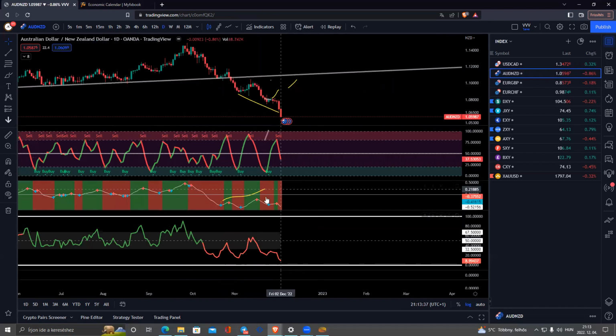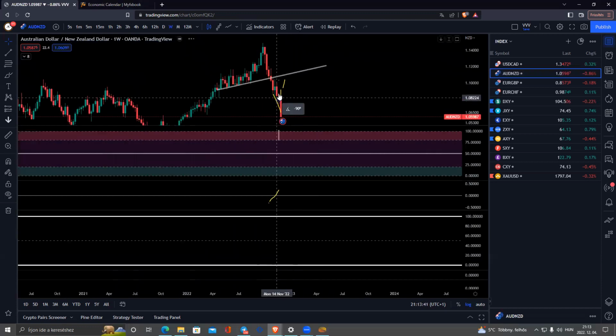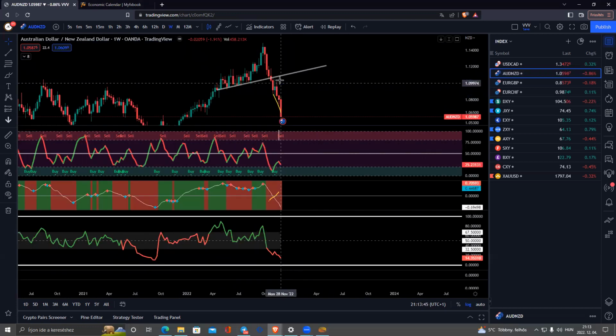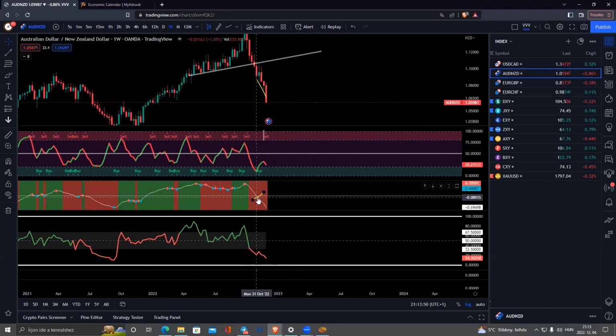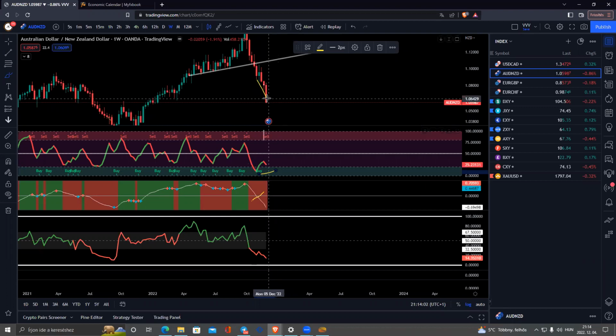Structural divergence, everything red under the zero line. Don't know what this is here, actually. Crossing the zero line in the bearish momentum. Oh, now I see. This is a divergence, actually, which didn't get made yet.